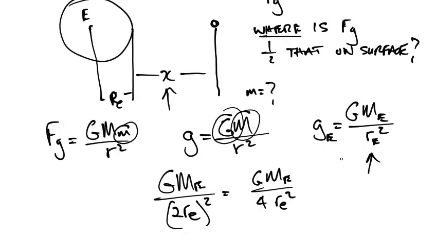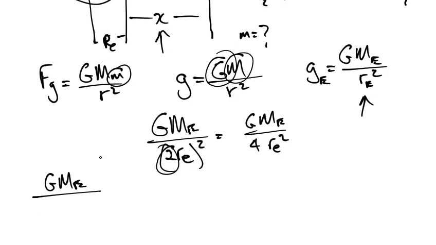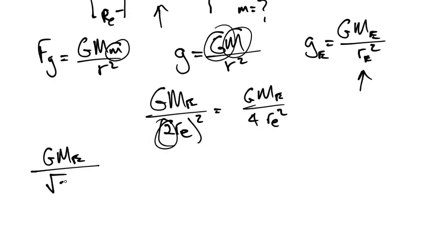So the question now becomes is, what factor should I multiply in here? What factor should I multiply the Earth radius by in order to get a 2 outside of these brackets? And I hope you can mathematically recognize that the answer to that is that you're going to have √2 times the Earth radius all squared is going to be, outside the brackets, a 2.